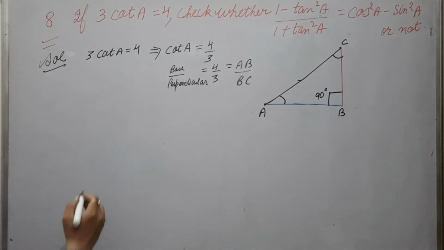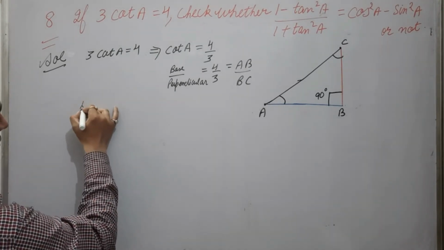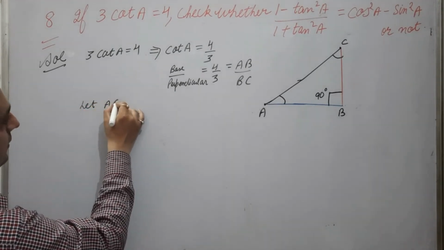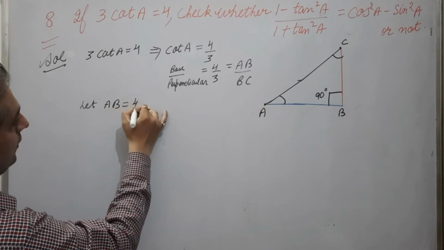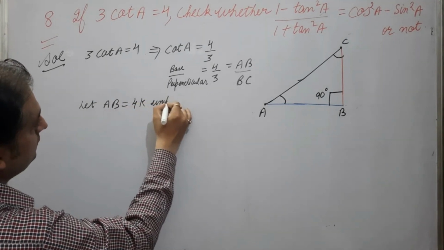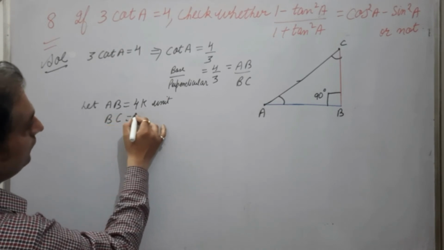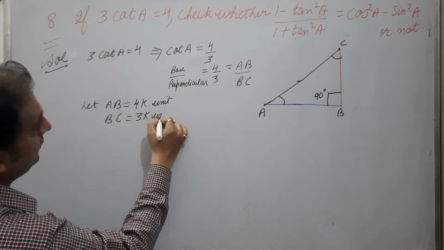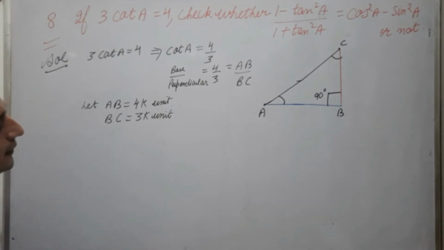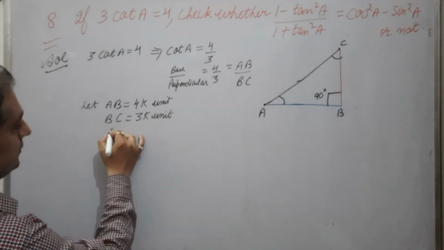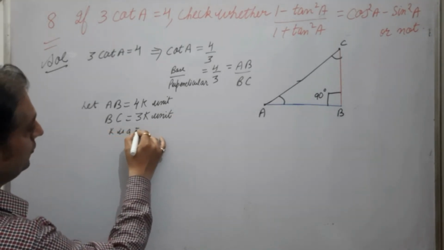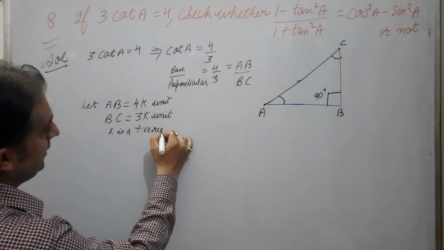So again, let's take AB equal to 4k unit, BC equal to 3k unit. Right. So k is a positive real number.